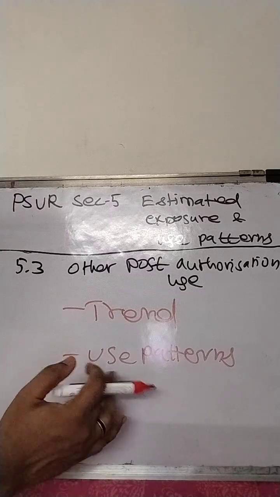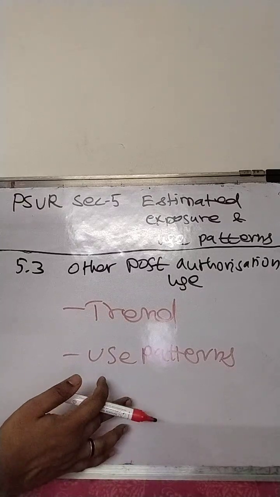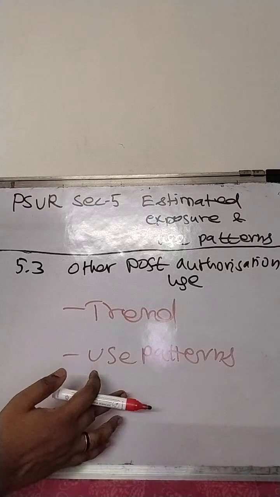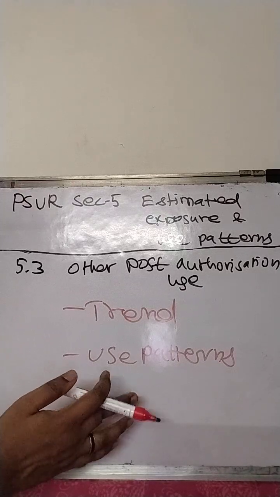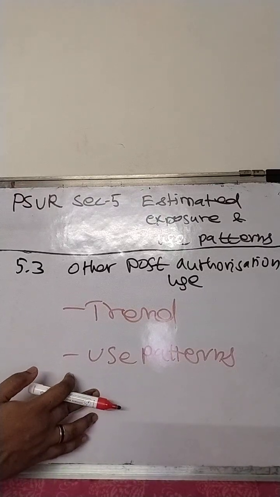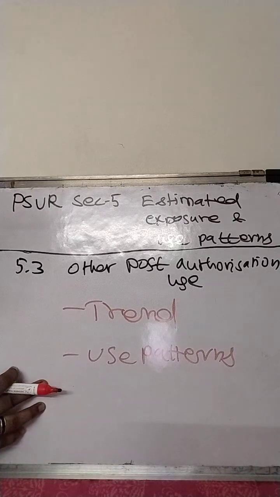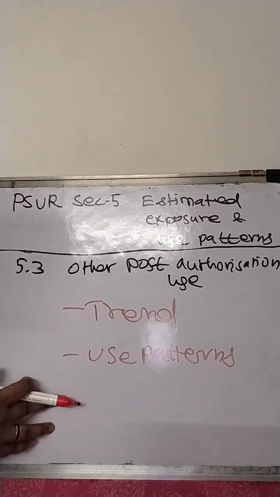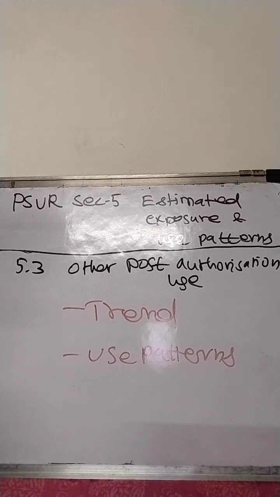Also, if there are no alternatives and patients are using it, and there is any clinical evidence, for example anti-epileptic drugs used in neuropathic pain showing some beneficial effects or supporting evidence, you can present a short summary here. This is how section 5 of the PSUR flows. Okay, thank you.